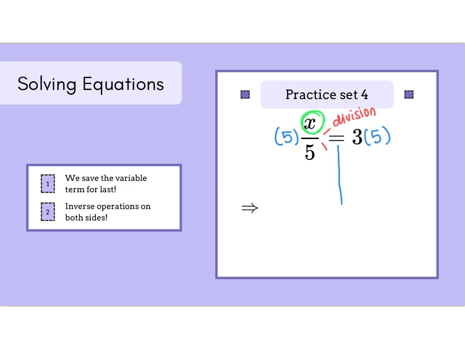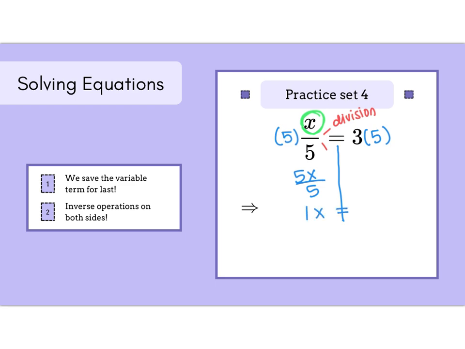And then let me draw my line. Okay, so what happens here when I multiply 5 times x? This actually turns out to be 5x over 5. And then like we divided before, 5 divided by 5 is 1. So I get just a 1x over here.